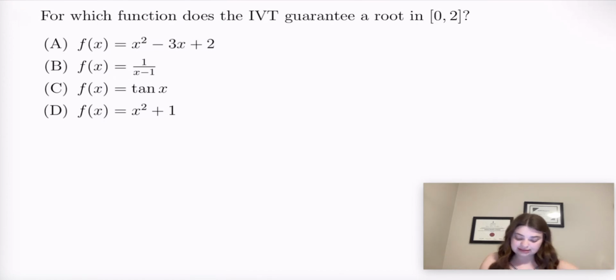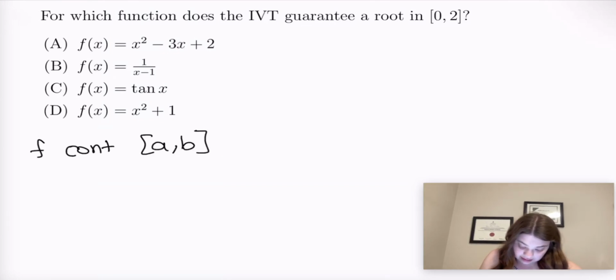Well, basically, it states that if f is continuous on an interval from a to b, and k is any value between f of a and f of b, right?